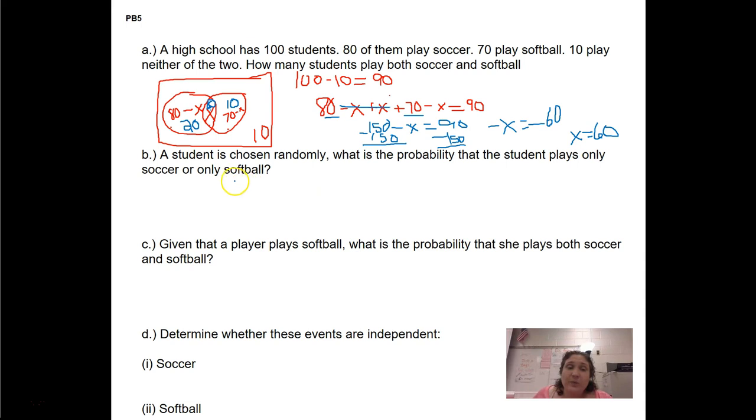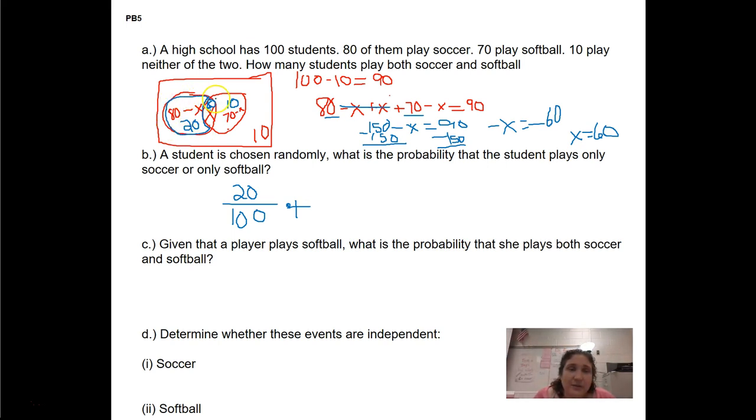So we find the probability a person plays only soccer: 20 out of 100 kids, because we're still counting the 10 kids who don't play. Then it says or. The addition rule on the formula sheet tells us to do the probability of A plus the probability of B and subtract A and B. In this case, because we're only doing the only parts, we don't have to subtract anything.